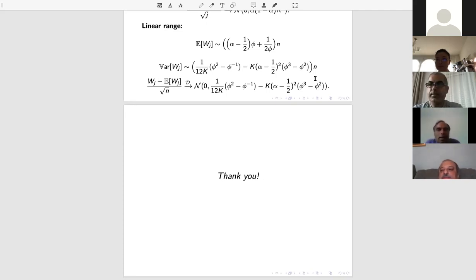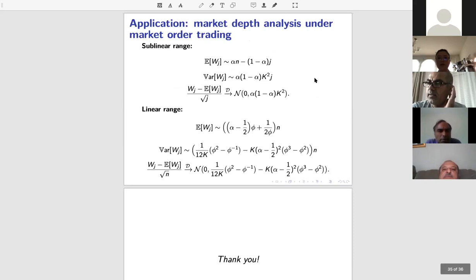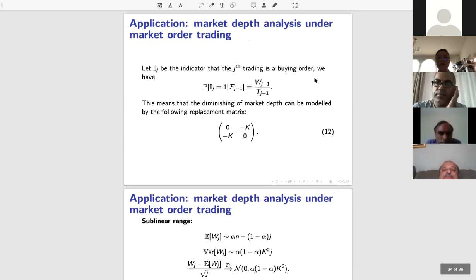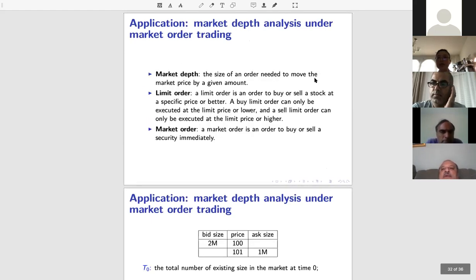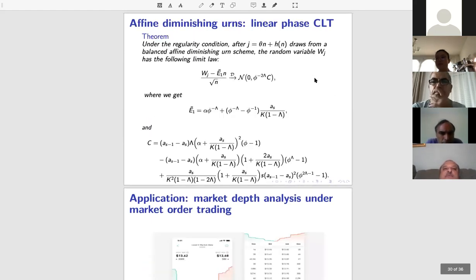One question I have, maybe I didn't catch this particular notation. What is this phi that is in the linear range? That phi squared, phi? It's a function that we chose to define just to simplify the representation of the results.